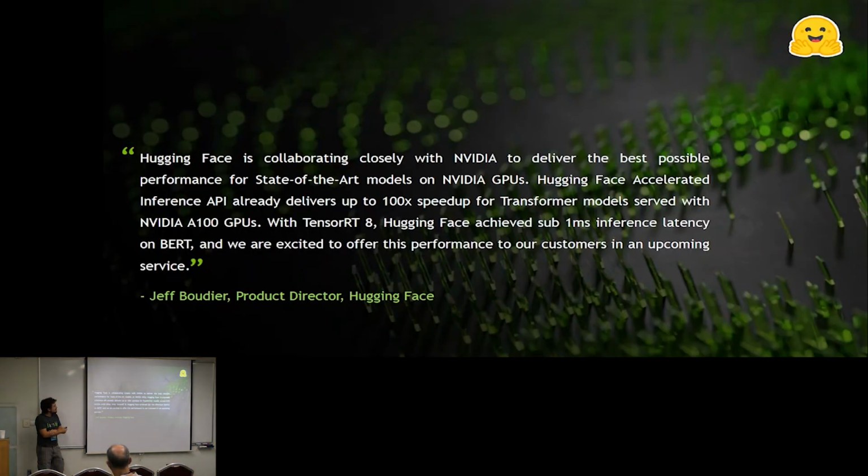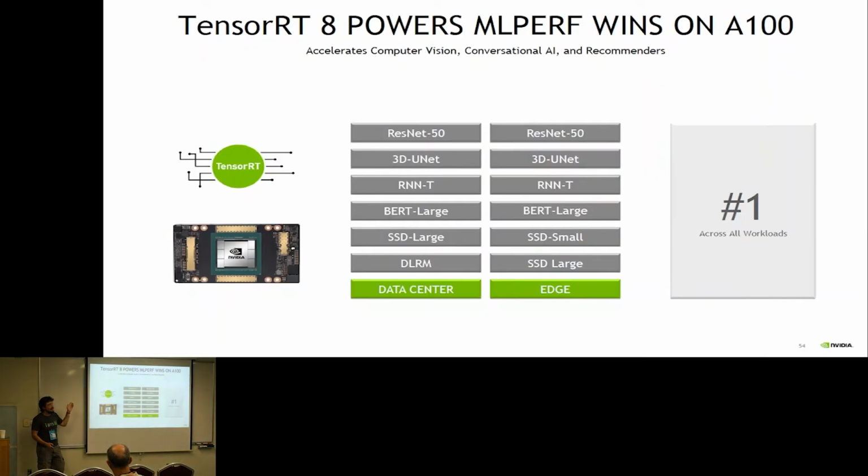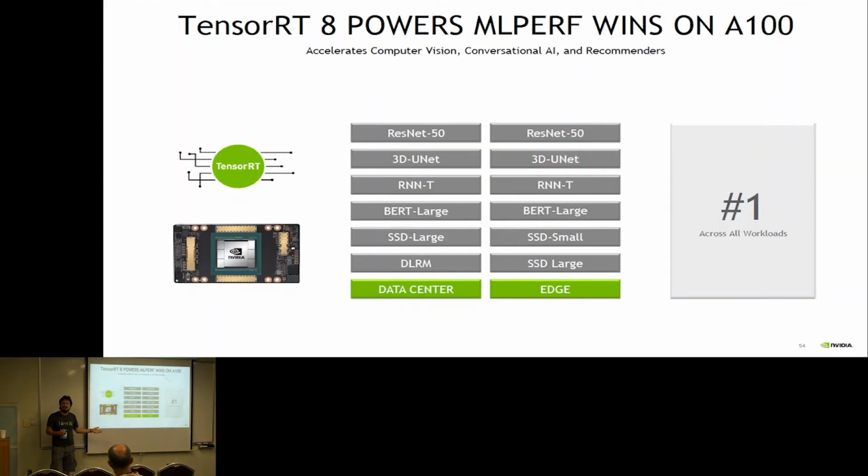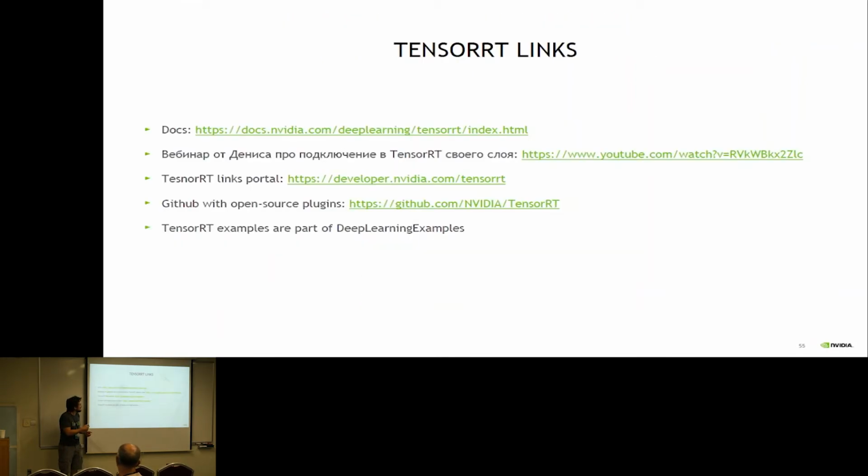So TensorRT is widely used. It's used by Hugging Face. It's used by us to submit all the MLPerf tasks. And that's a short point. Another one: if you are unhappy with how TensorRT performs, you can modify it. You can introduce plugins for your special layers and implement them yourself as CUDA kernels and beat TensorRT in performance. So that's it about TensorRT.